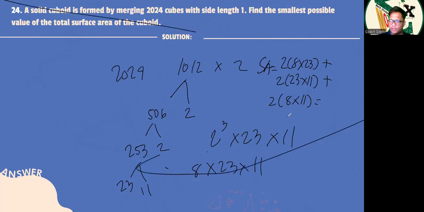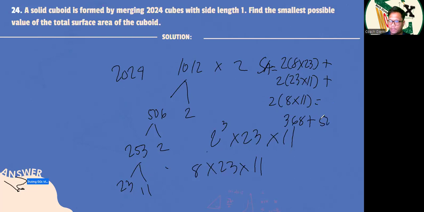That's equal to 368 plus 2 times 23 times 11. So that's 506. 2 times 8 times 11, so that's 176. And then add the 3. 368 plus 506 plus 176. That's 1050. So the final answer here should be 1050.